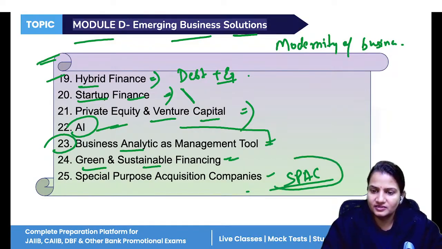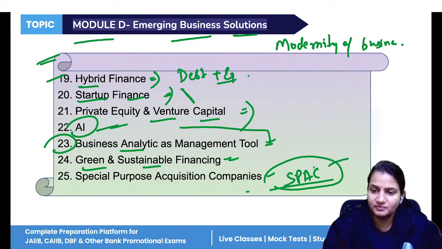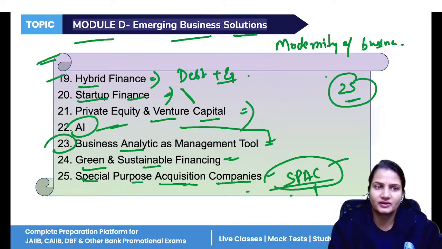If you are purchasing a company, you create a specific company whose work is to acquire the target company. That is what we will study in SPAC. Special purpose companies are special types of companies made just for acquiring other companies. So altogether, we have 25 units in our ABFM.